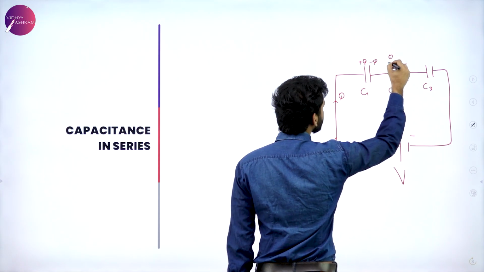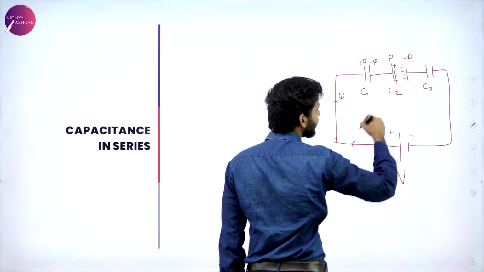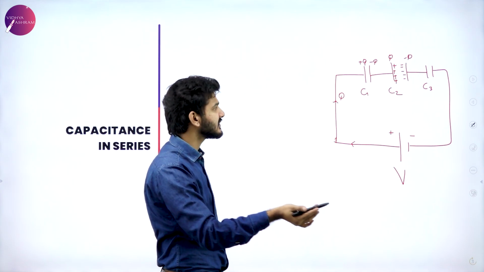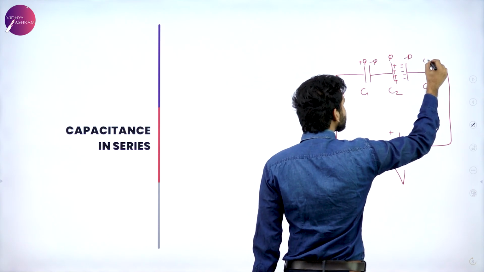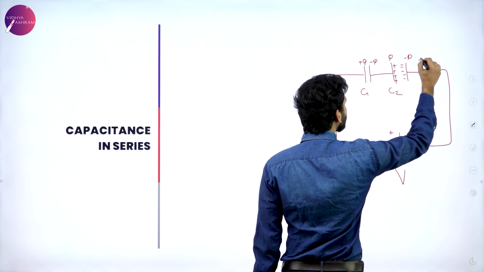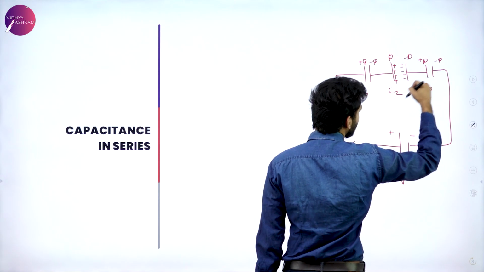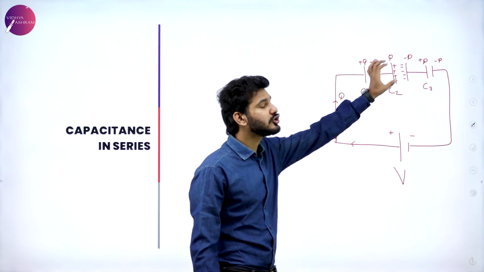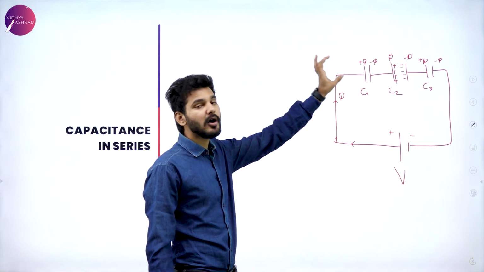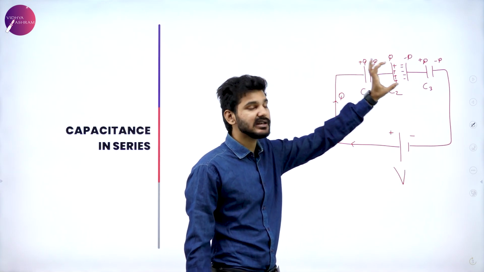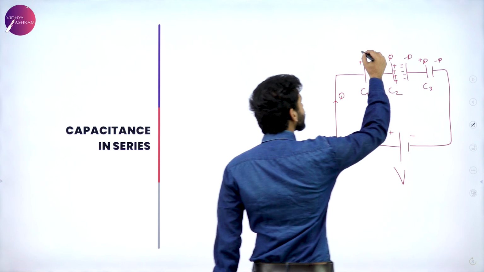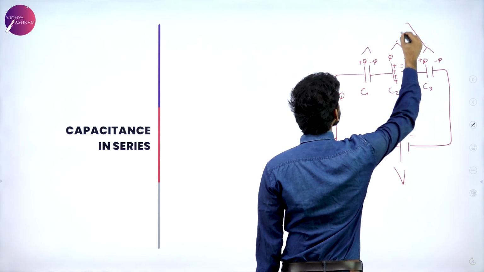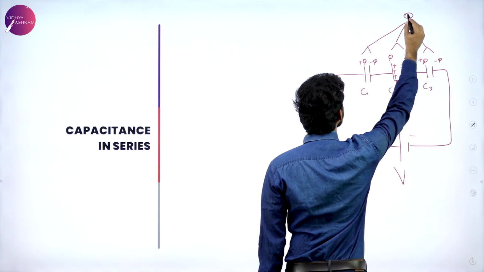This will induce a charge on the next capacitor so that the capacitor next to that will also get positively and negatively charged. Again, it is not Q1, Q2, Q3, it is the same amount of Q being stored in these individual capacitors. So here, here and here all is the same amount of Q.